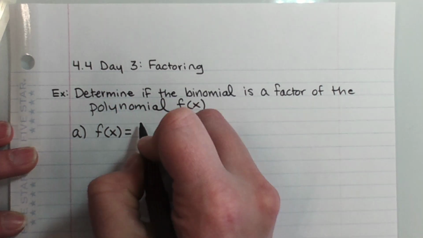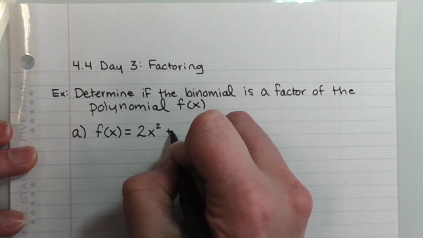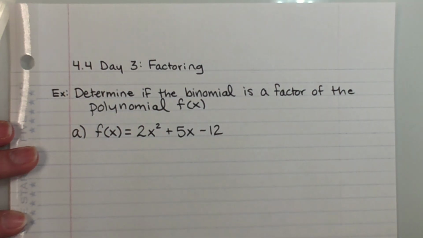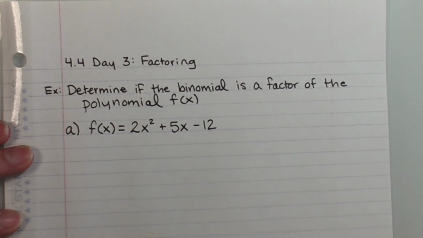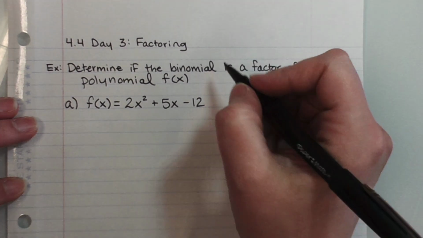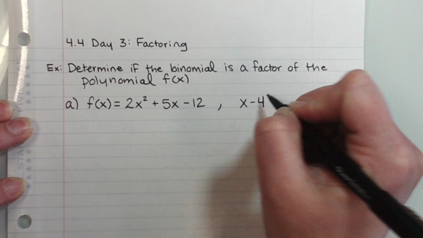I'm going to give you f of x is equal to 2x squared plus 5x minus 12. And the binomial is x minus 4.